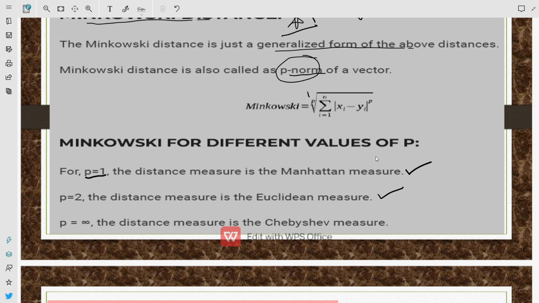When the p value is infinity, the distance measure is the Chebyshev distance. When I substitute infinity here, only this particular value remains. That's what I told you at the start itself: this Minkowski distance is a generalized form of the above three distance measures which we have discussed earlier.